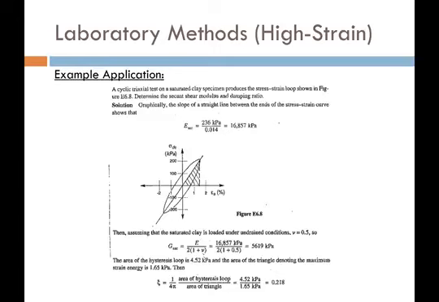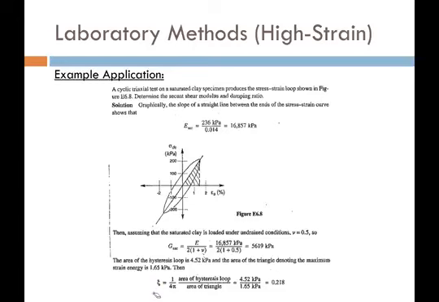But what can we do if we have cyclic triaxial tests? Well, we can measure, say, the damping ratio. Here's a great example. I encourage you to pause and read through this example. Really what we're doing is performing one cycle of a cyclic triax test, and we're going to measure the damping ratio of the soil after this one cycle in the test.